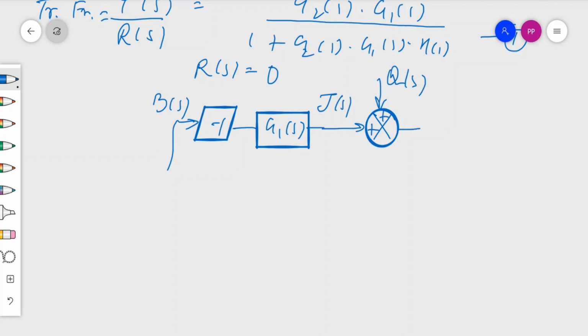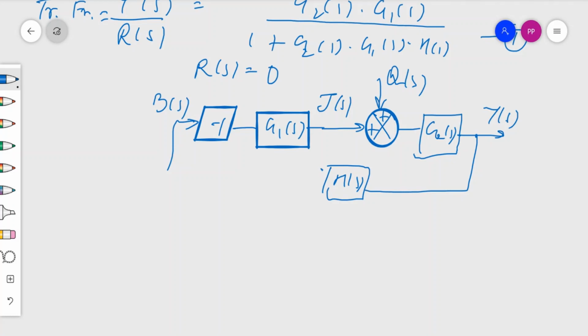This is an example of an actual situation, because when you define a block diagram to represent an actual system, such inputs are always there. RS is there, then QS is also there, which is a signal added to the system, most of the time unwanted. So we should find a way to minimize the effect of this QS also. That is another challenge in control systems.